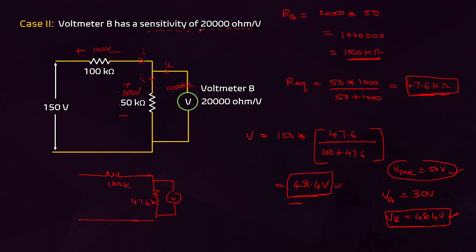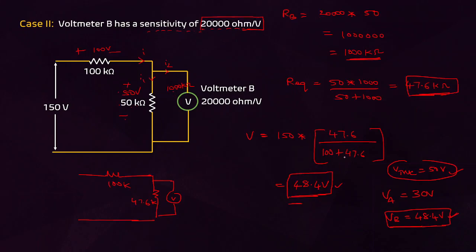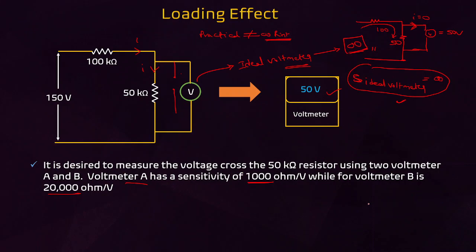We have to increase the sensitivity, right? See, when it was 1000 ohm per volt, the voltmeter was reading 30 volt. When it was 20,000 ohm per volt, it was reading 48.4. And when it was infinite ohm per volt, it was reading 50 volt directly.